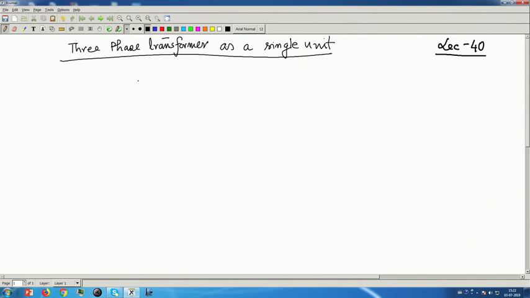So, a simplified way of making the constructional features, that is in fact what I am telling, is that you take plain laminations with 2 windows like this.